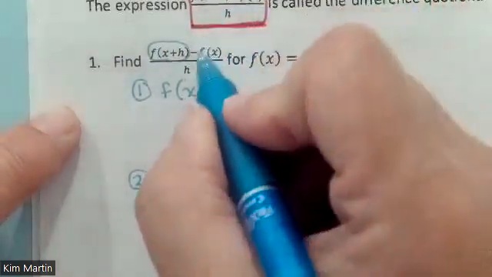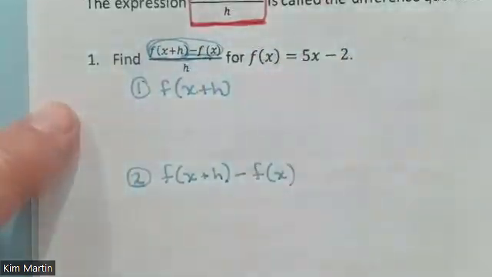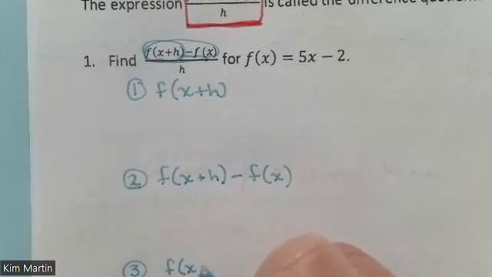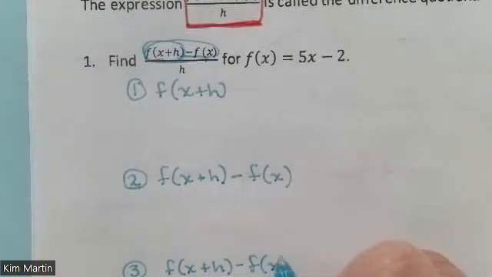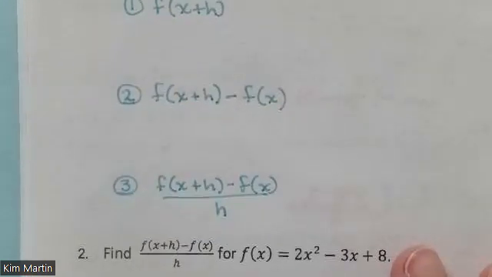That's going to give us the whole top. And then the last step is to divide by h. You take your answer from step 2 and you just divide it by h. And it gives us our whole answer to this problem.